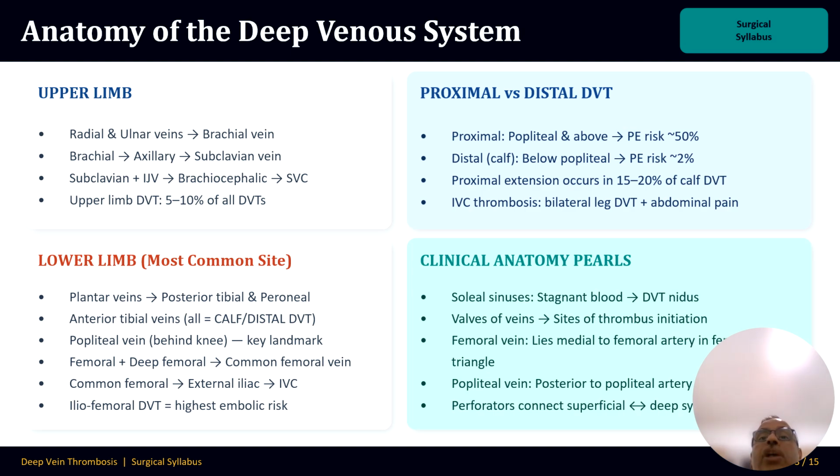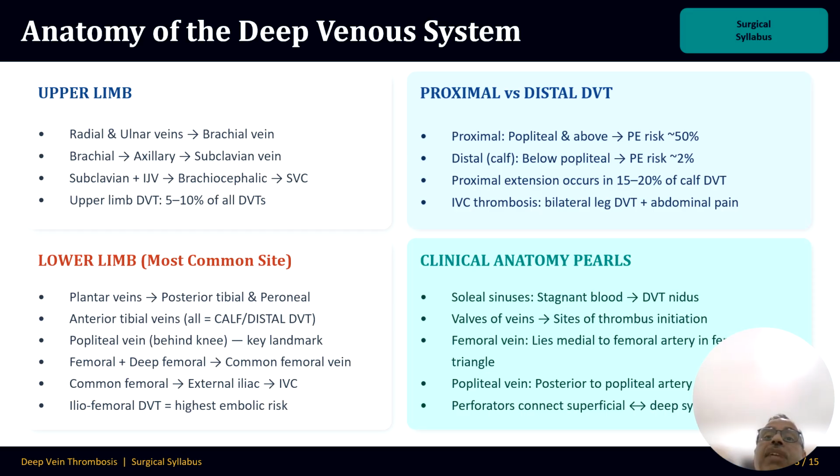There are certain points which should be remembered: the valves of the veins are the most common sites of thrombus initiation. That means the valves of the veins are the place where thrombus initiation occurs maximally.